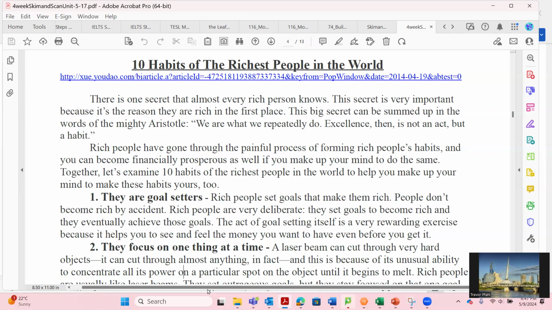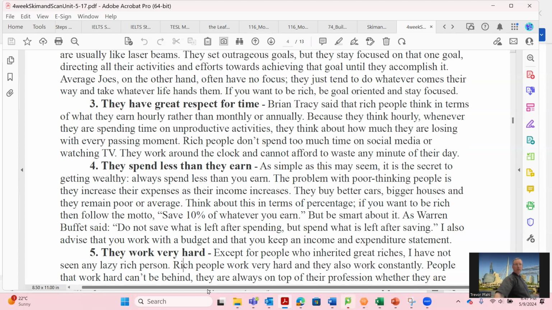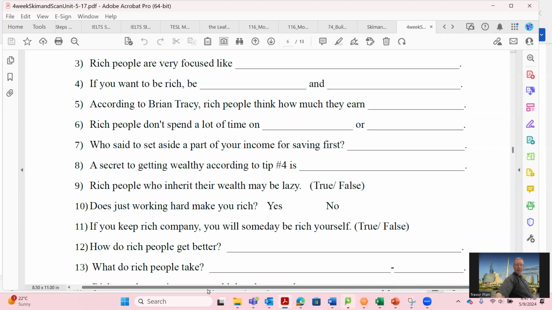Deliberate, to become rich. The phrase from the question says rich people don't become rich by accident, right?